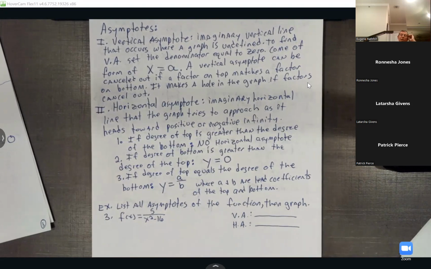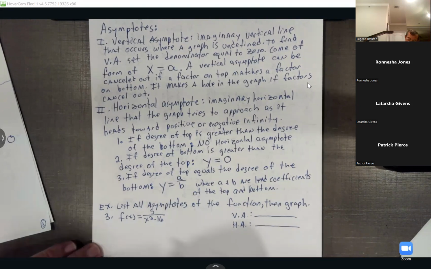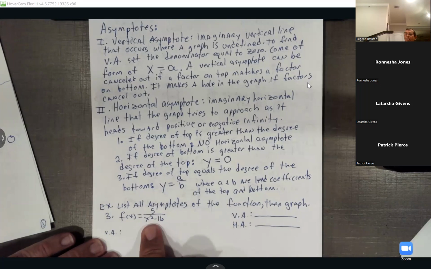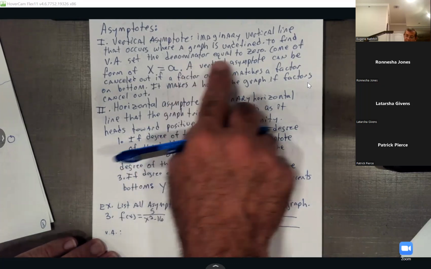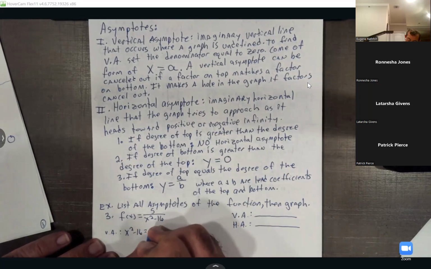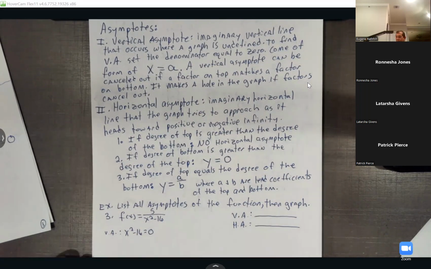And then I'm going to show you I just graph them on my calculator because they'll have 4 pictures they can pick out of. And I just look at the calculator to see which one I want. So to find my vertical asymptote, I take that bottom, set it equal to 0, like it says up here. So x squared minus 16, I'm going to set equal to 0.